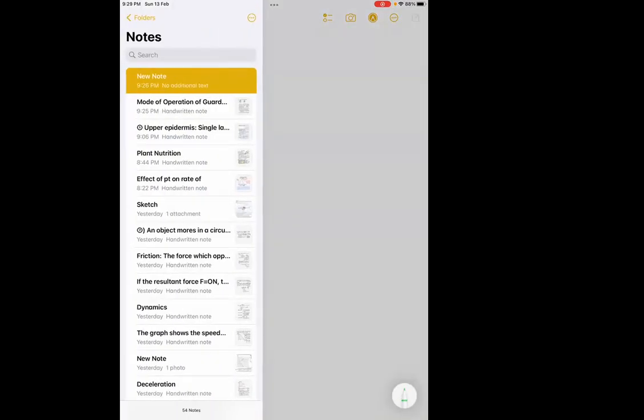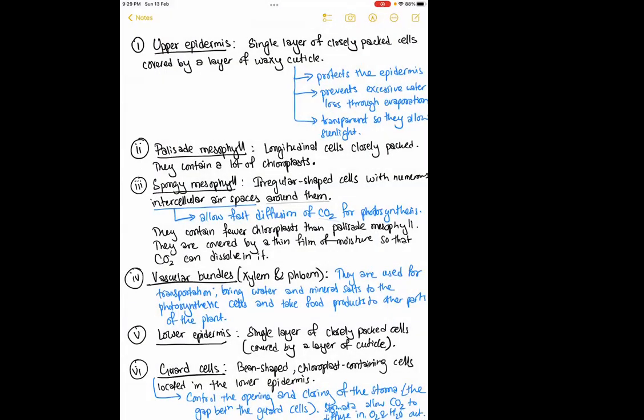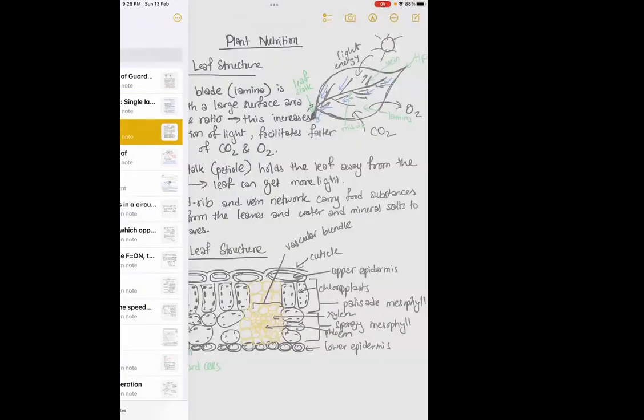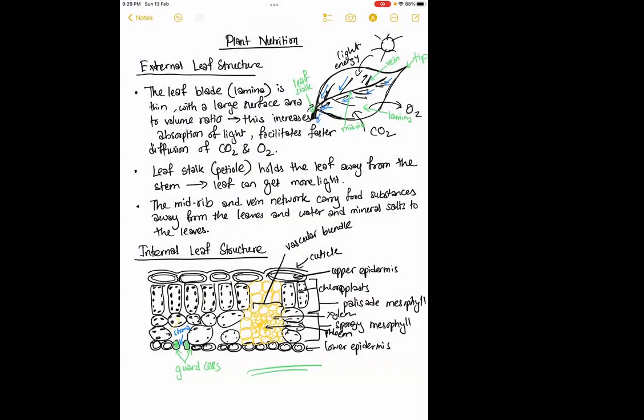By the way, just going to mention something. The diagram that I showed you, this one. These diagrams are of a dicotyledonous leaf.